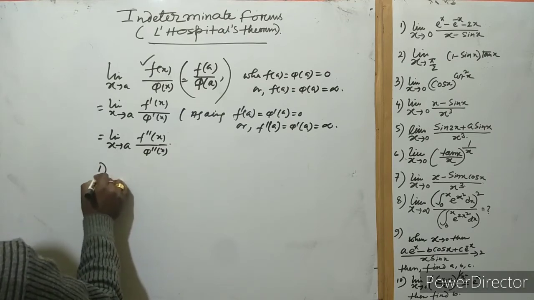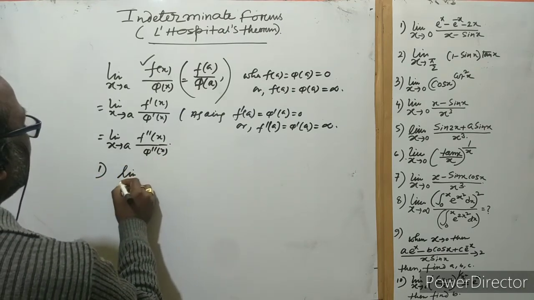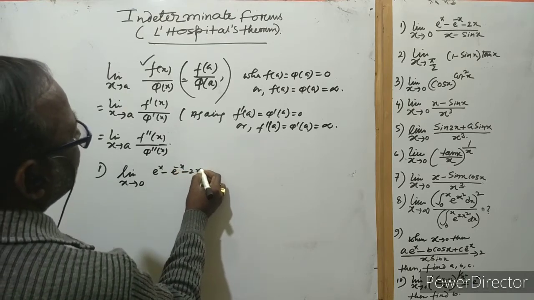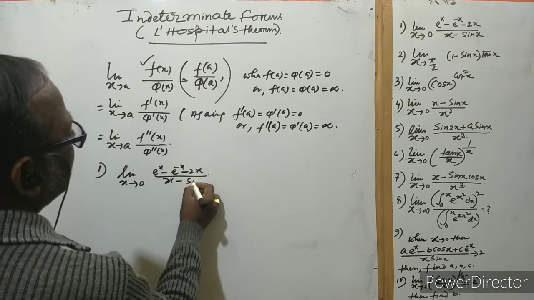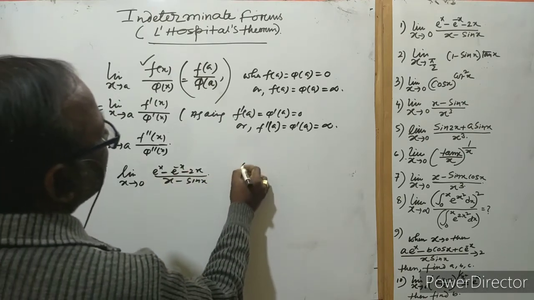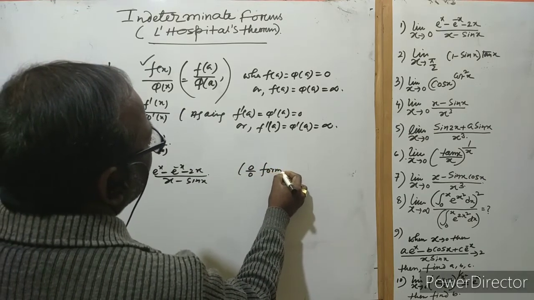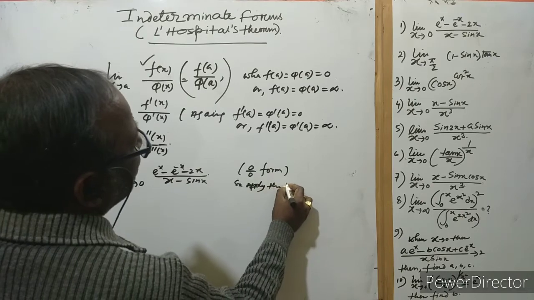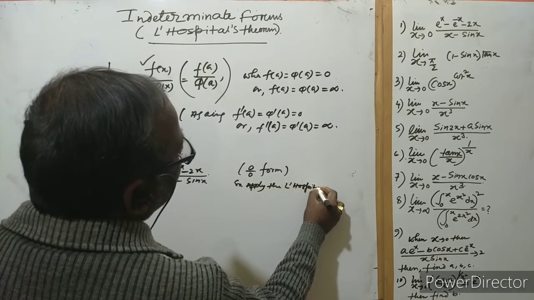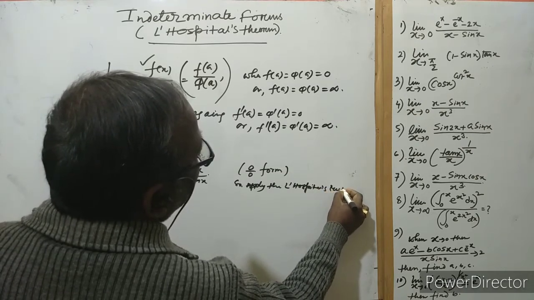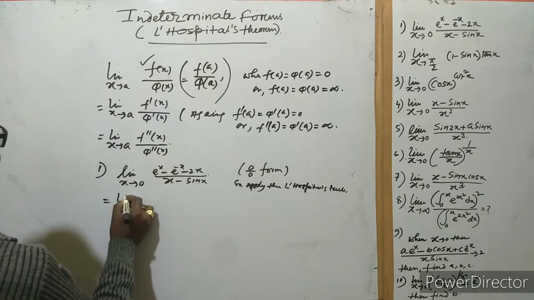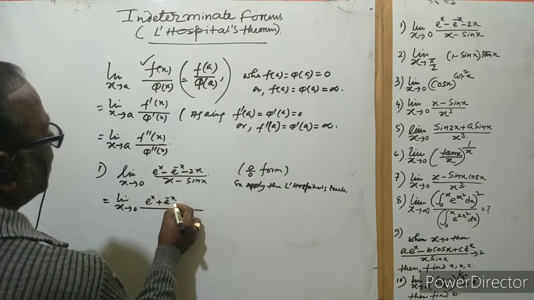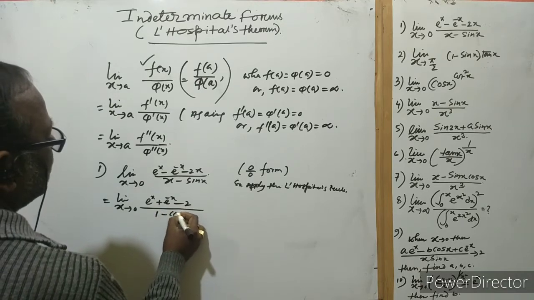For question number 1: limit x tends to 0 of e to the power x plus e to the power minus x minus 2, whole divided by x minus sin x. If we put 0 in this, then we get 0 by 0 form. So we apply L'Hospital's rule. Differentiating, we get e to the power x minus e to the power minus x over 1 minus cos x.